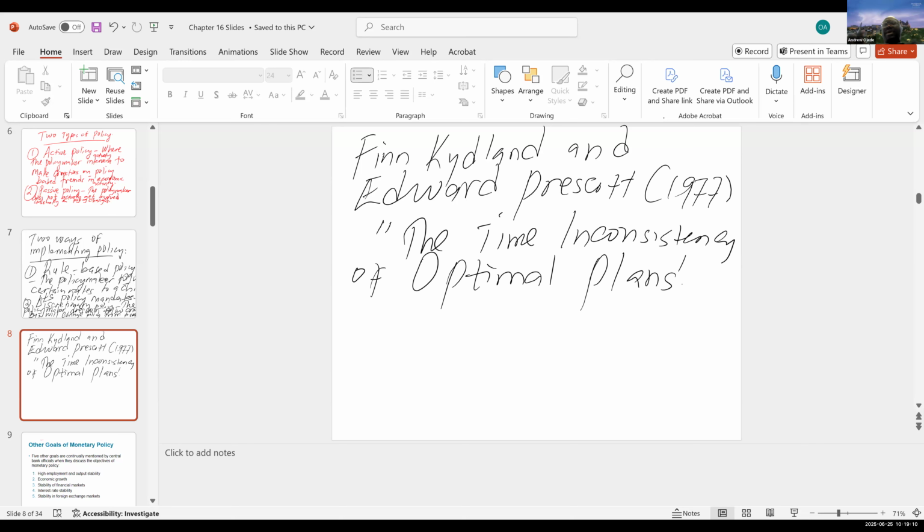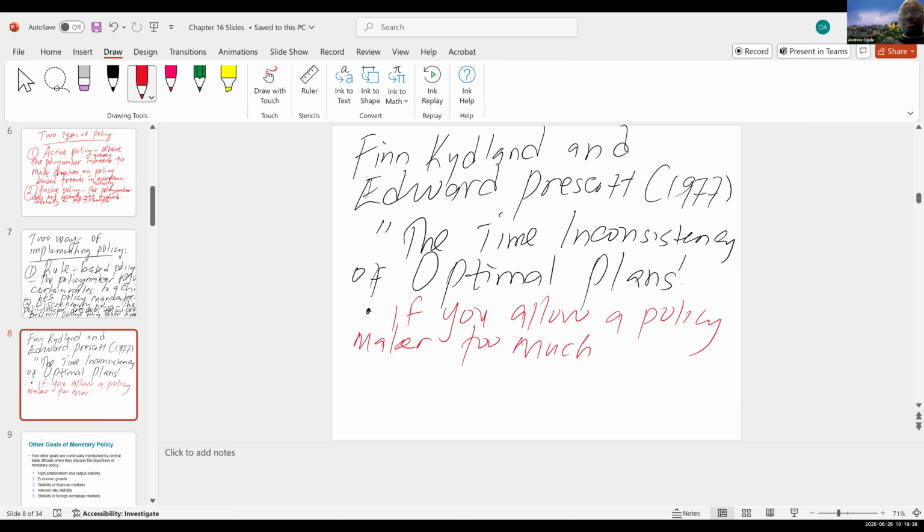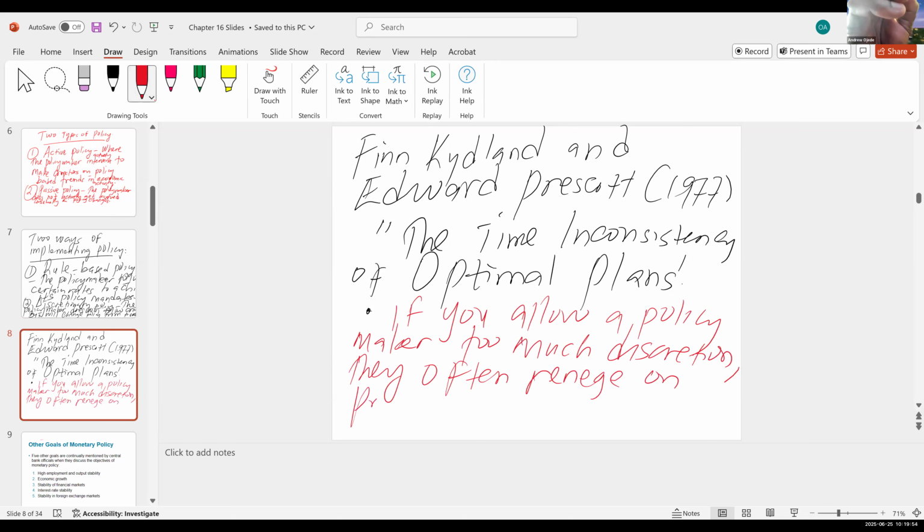Okay, so the argument these economists made in this paper, the main idea, is that if you allow a policymaker too much discretion, then they will often renege on previously announced policy.